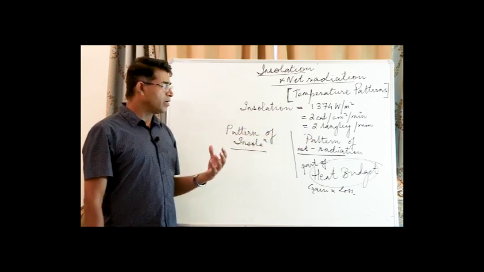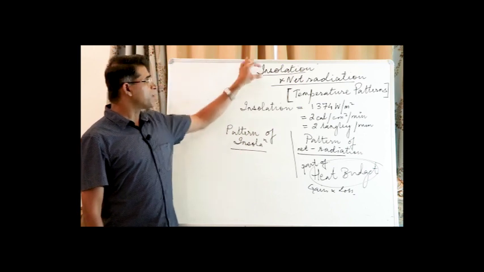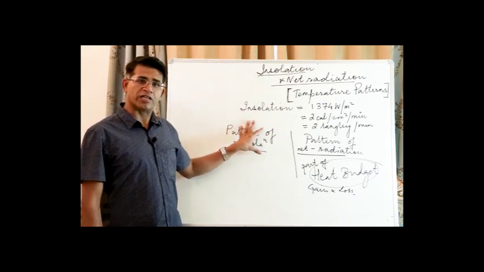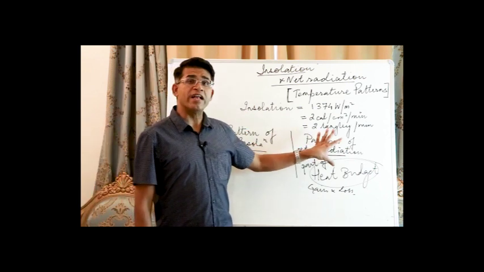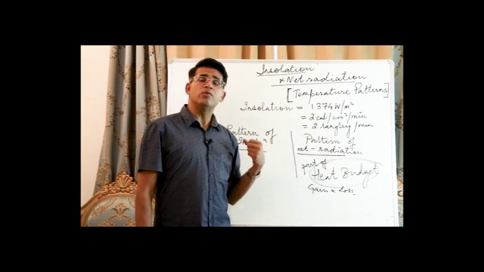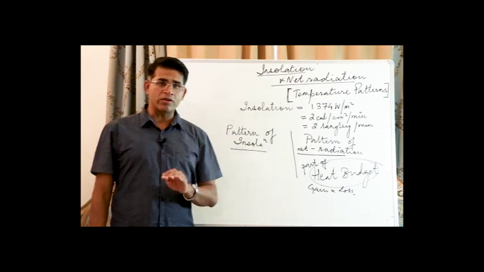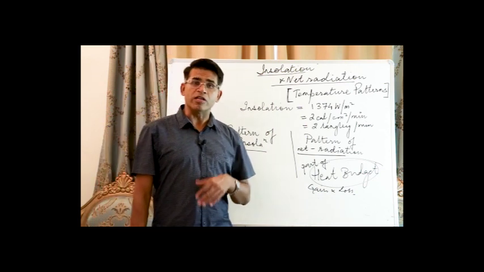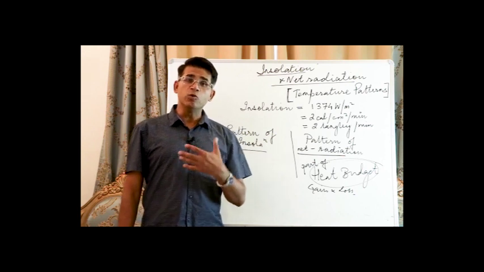Now, many people confuse the concept of insolation, which is the incoming radiation, with the concept of net radiation. When I use the word net radiation, I am not just referring to what the Earth receives, but also to what the Earth is losing.